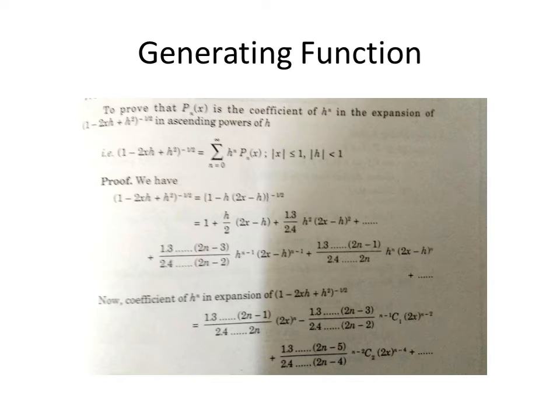Now coefficient of h power n in expansion, as it's written there, first term, and the second term is written as minus 1 into 3 up to 2n minus 1, etc.